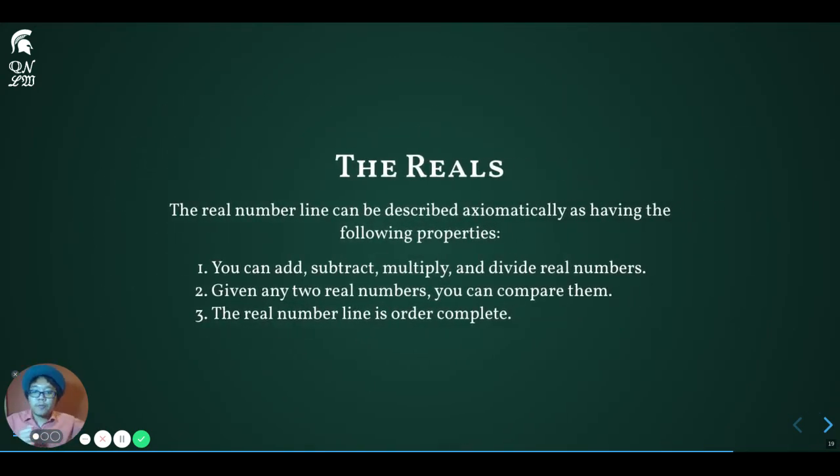And now, we finally turn to the main character of our story, the real numbers. For our purposes, the only properties that we will be needing concerning the real numbers are: first, you can perform the usual arithmetic with them. Second, given any two real numbers, they can always be compared.